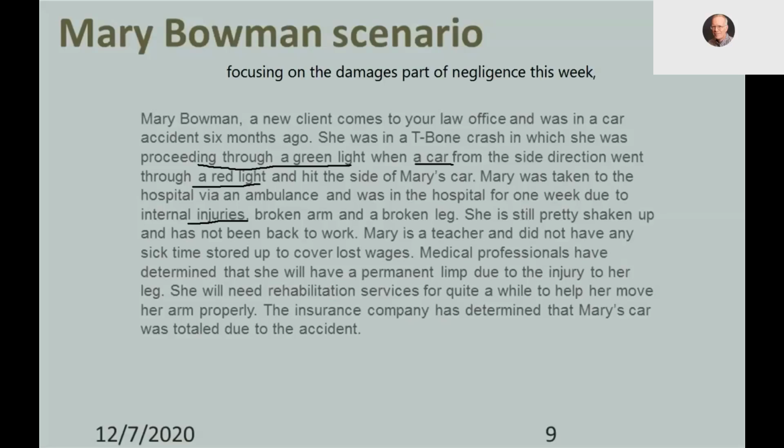So she has certain kinds of injuries, lost wages. Permanency is a big deal for personal injury law. If they have permanency, they can get general damages for permanent loss of ability to walk well.